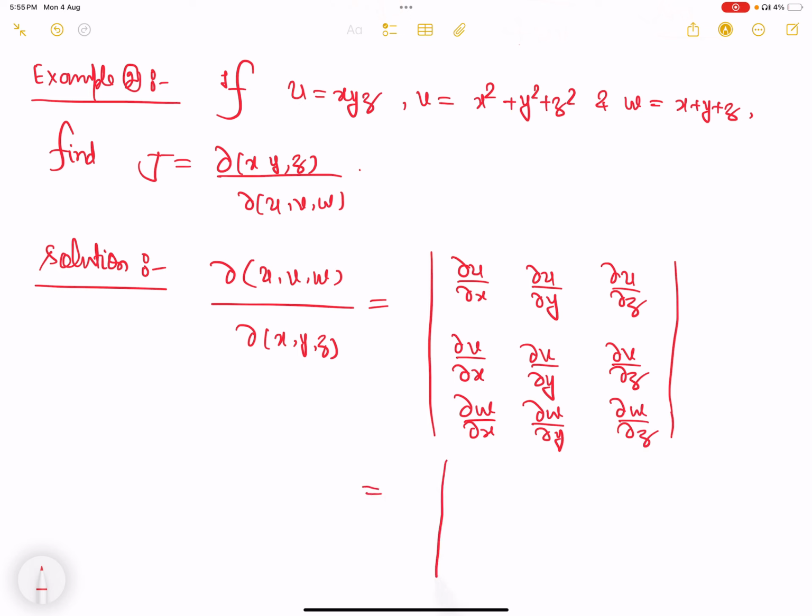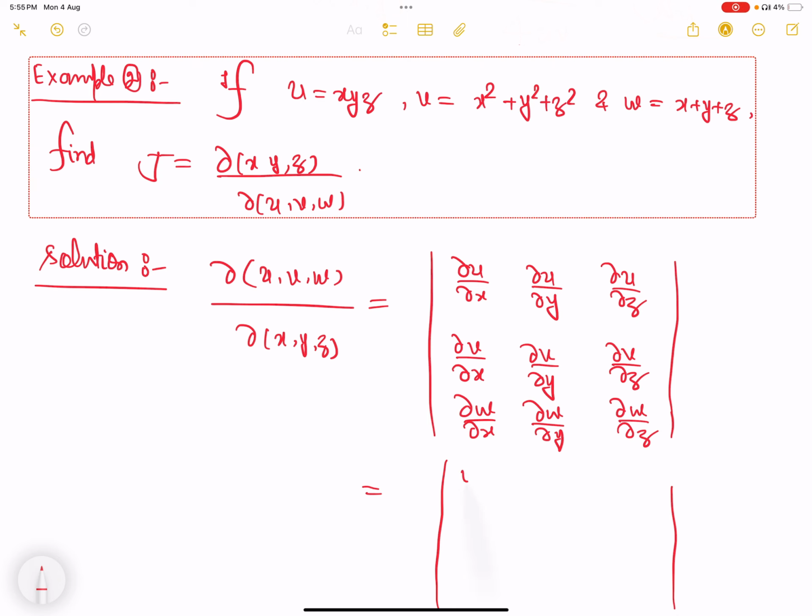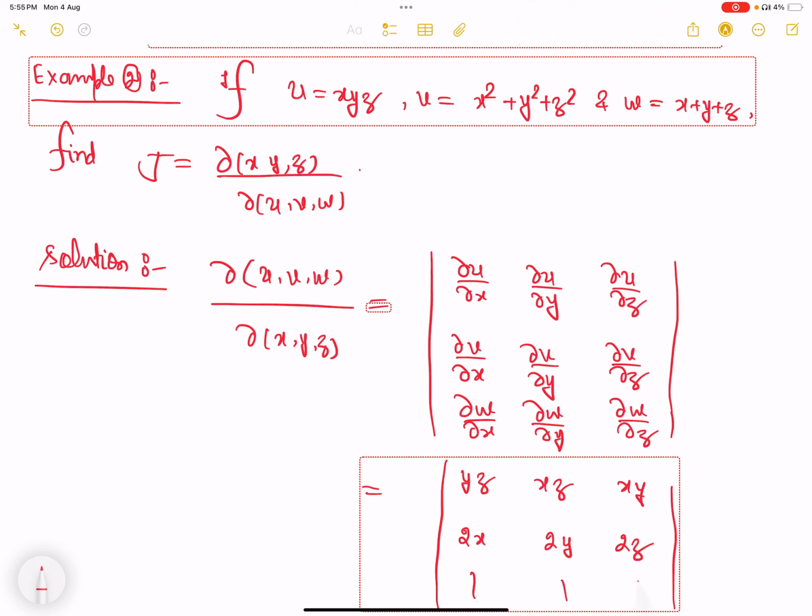So what is this now? yz, xz, xy; 2x, 2y, 2z; and 1, 1, 1.